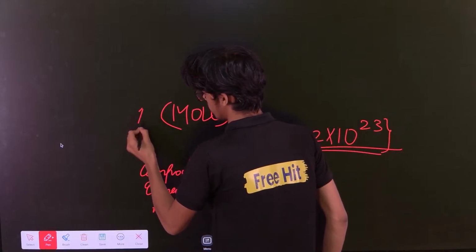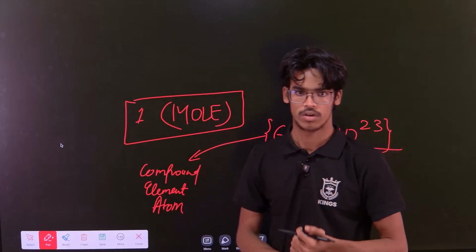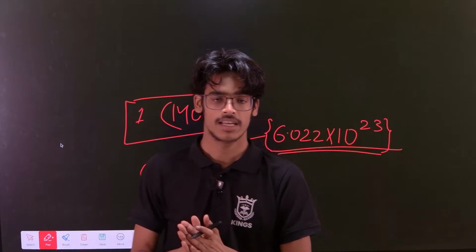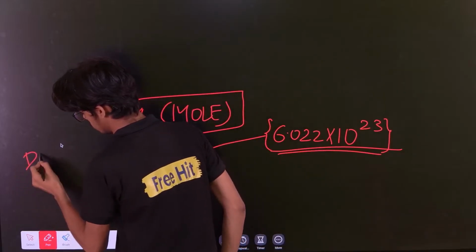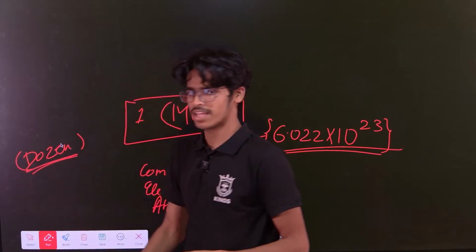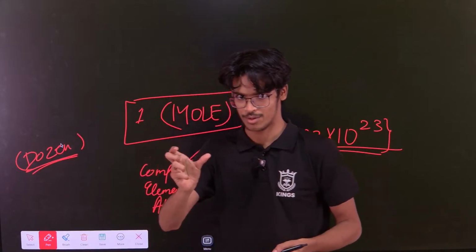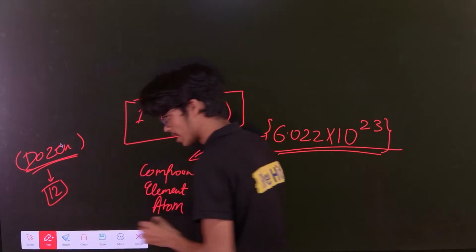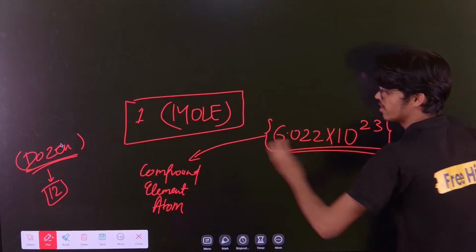Just like if we have bananas, and we have 12 bananas, it is called a dozen of bananas. It means there are 12 bananas, so for it, that number is 12. Same way, 1 mole is this much number of particles of anything.